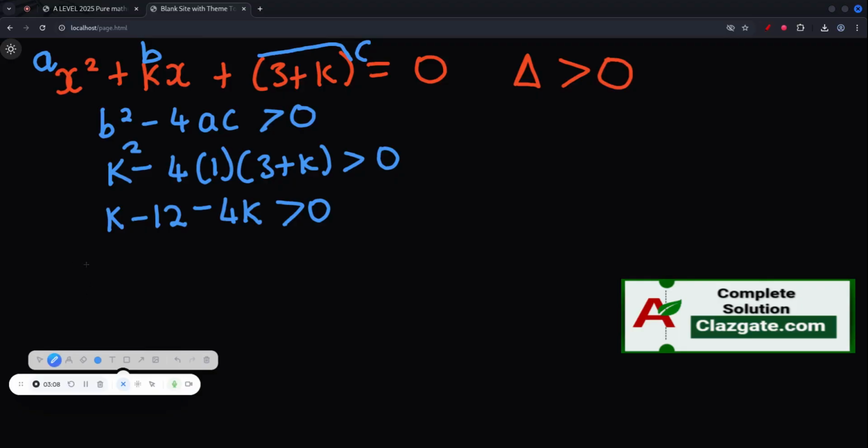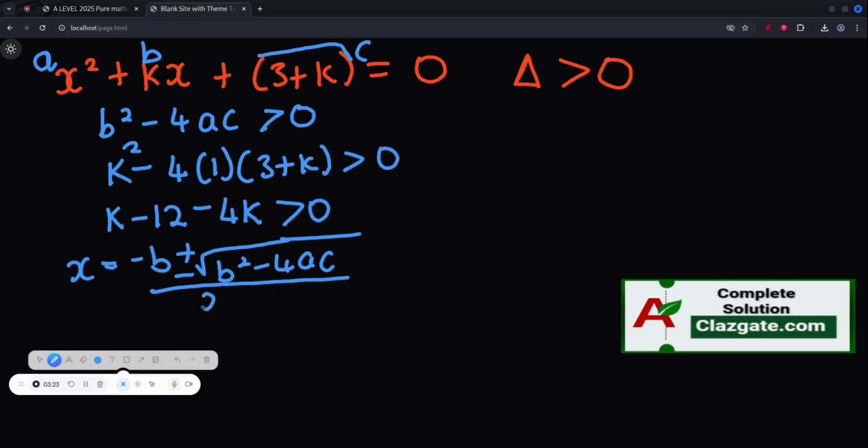Using the quadratic formula, x is equal to negative b plus or minus the square root of b squared minus 4ac, all of this divided by 2a. This is also a quadratic, k square, so in this expression we can say this is a, this is b, and this is c.